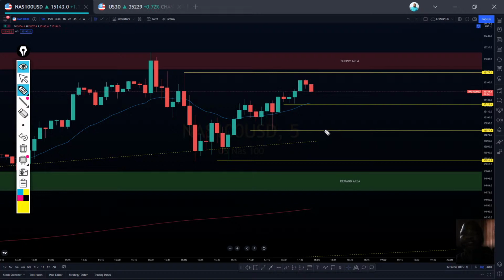We just have to see whether this candle closes around this area, or it will continue to break our 21 SMA and push towards the downside, because this is our supply area.